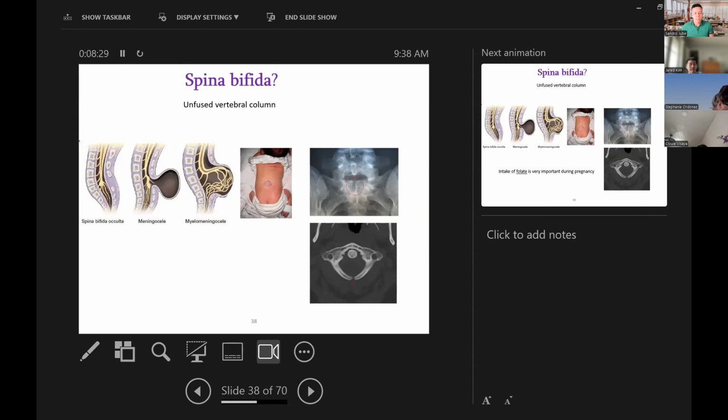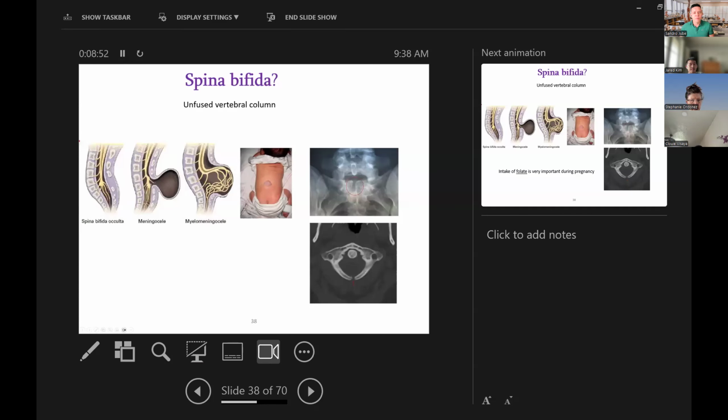We have what we call spina bifida occulta, and this is the most mild one. There is an opening of the vertebrae, but that opening is not too wide, so it doesn't allow any spinal cord or spinal fluid, CSF, to pass through it.